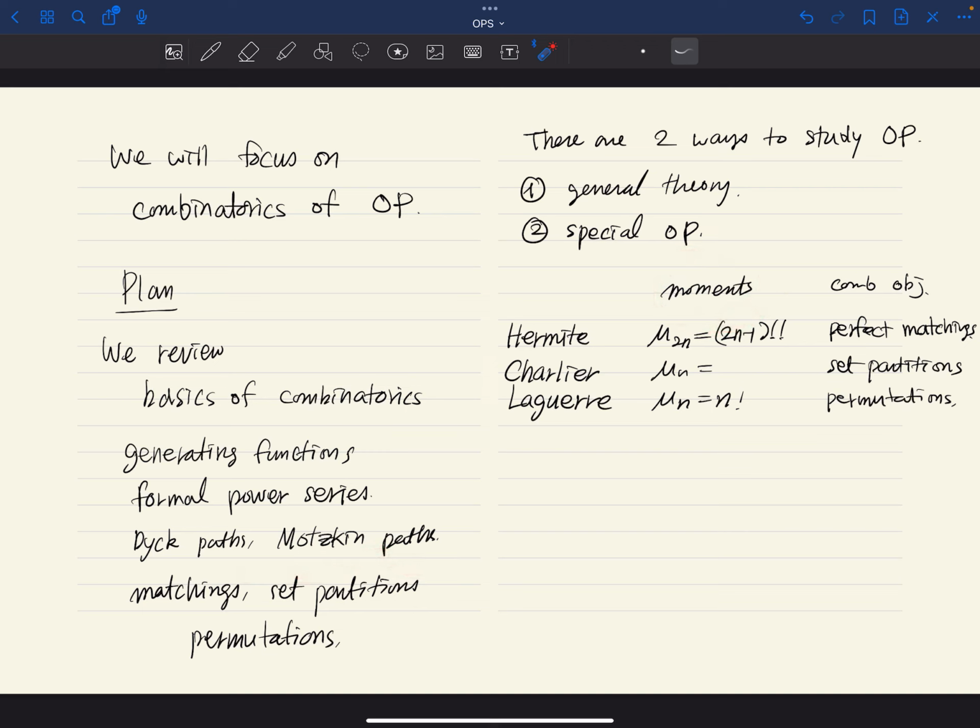Using this general theory of Viennot, if you apply it to each of these, each time you get a very nice combinatorial object like perfect matchings, set partitions, and permutations. So this is what we are going to do for the next few weeks. And after that, we will learn more combinatorial structures of orthogonal polynomials.